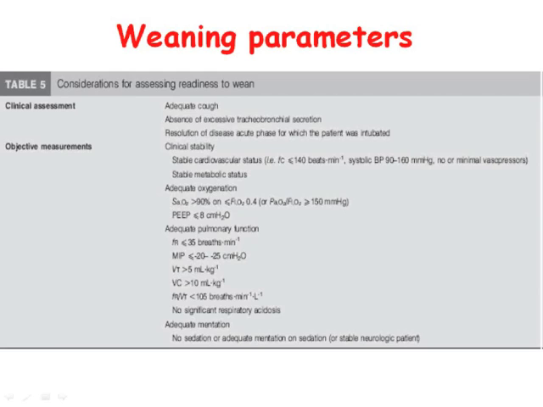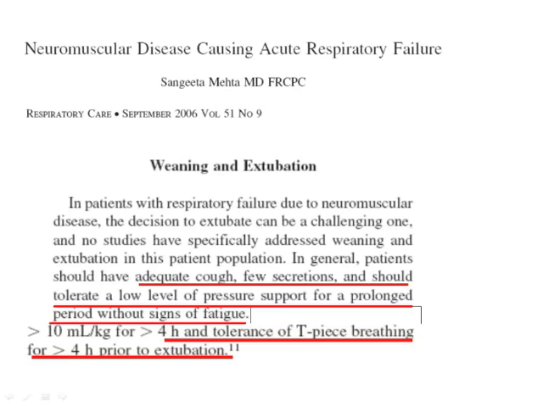Of course, patients with weak muscles don't have an adequate cough, cannot clear their airway secretions, and cannot breathe with minimal assistance. And they even say here they should have an adequate cough, few secretions, and should tolerate a low level of ventilatory assistance for a prolonged period of time without fatigue.